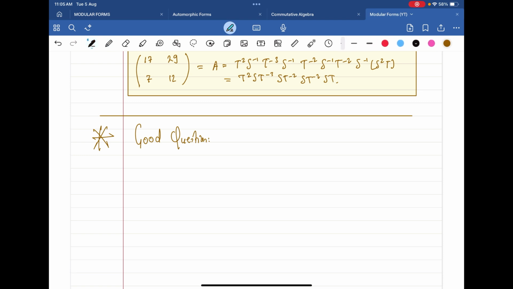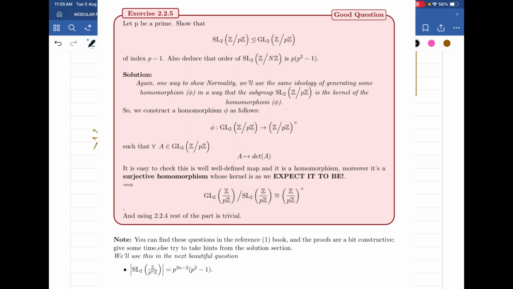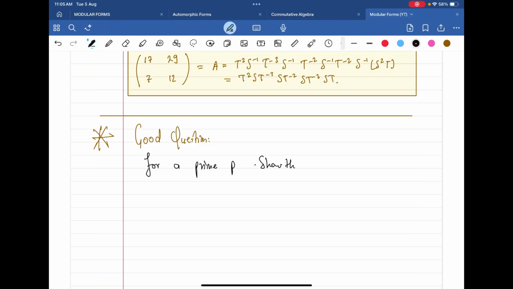It states, I will just show the screenshot. For a prime P, show that SL2 Z mod PZ is a normal subgroup of GL2 Z mod PZ.